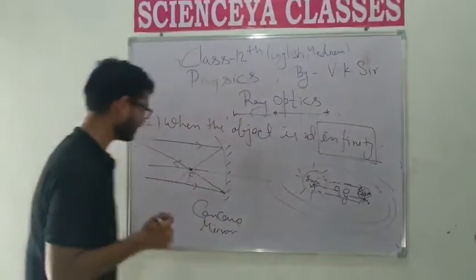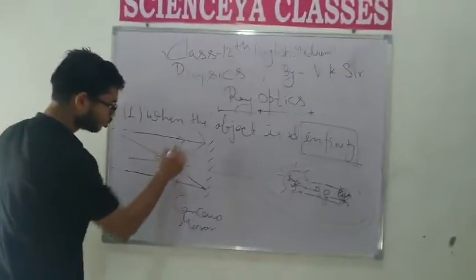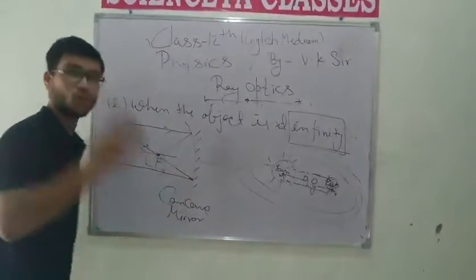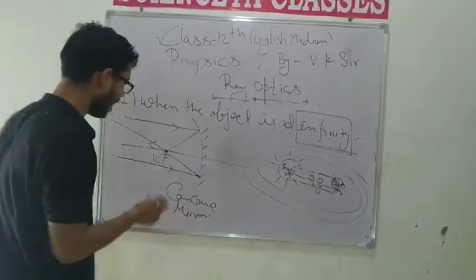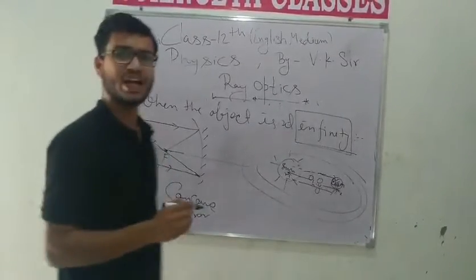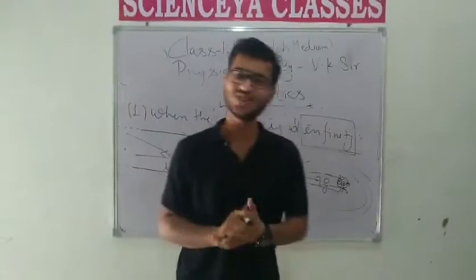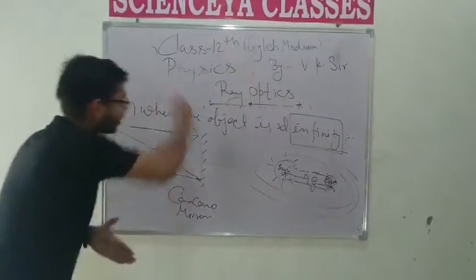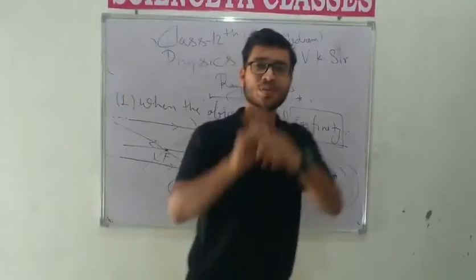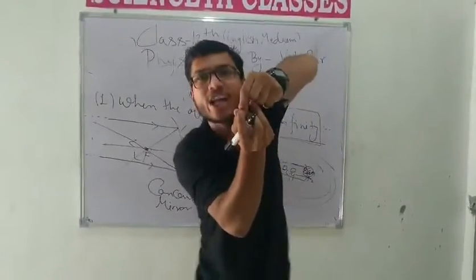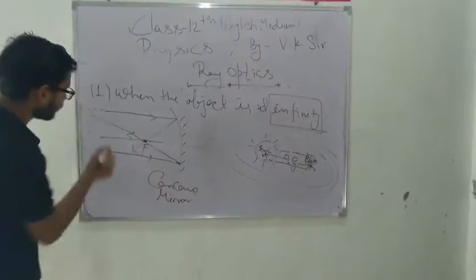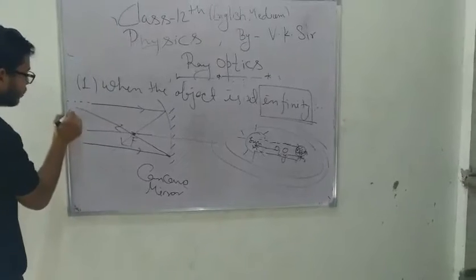Okay, you draw it better than me in your copy. So after reflecting by the surface of the concave mirror, the parallel rays pass through a unique point, that is the focus. Okay, so students, after reflecting by the surface of the concave mirror, the rays pass through a unique point, that is the focus, and the object is at infinity, and the image is formed.